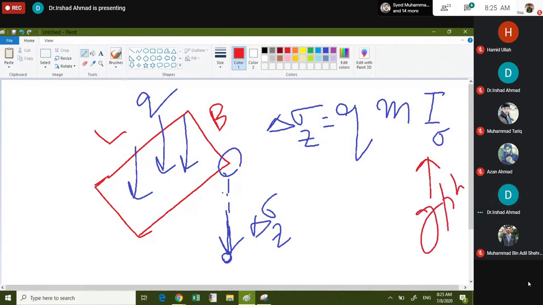What is M? Can anybody tell me what is M? Sir, M is equal to 1. M is the number of corners contributing to the stress, right?